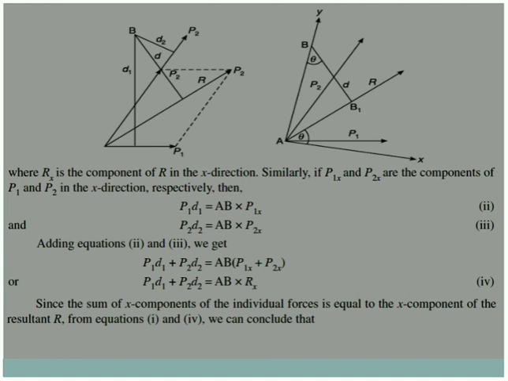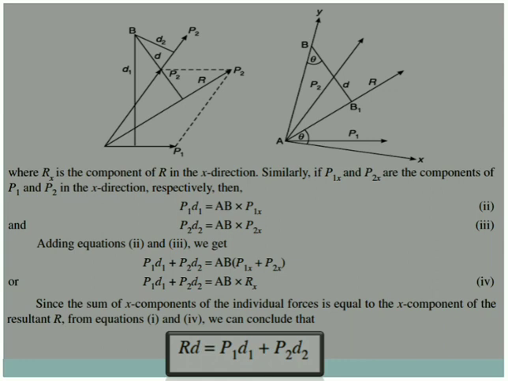Now we will compare equations 1 and 4, because both deal with the resultant. When we compare them, we get Rd is equal to P1 d1 plus P2 d2. As simple as that.